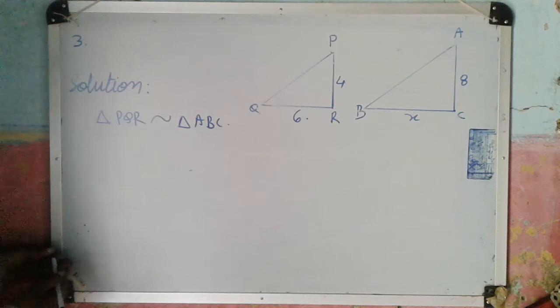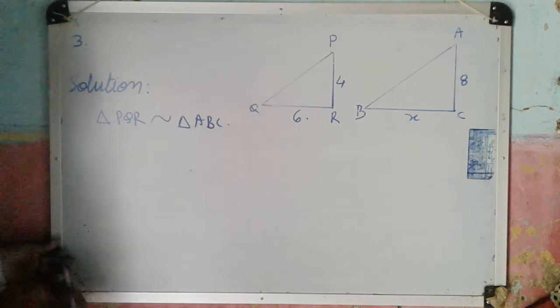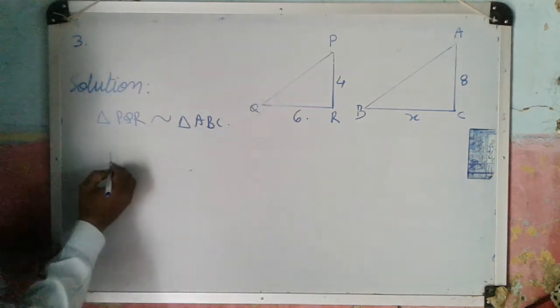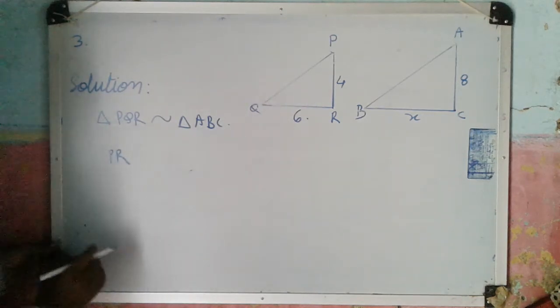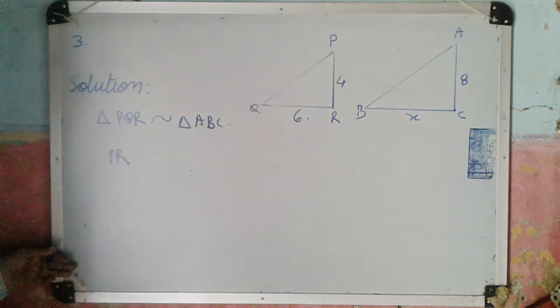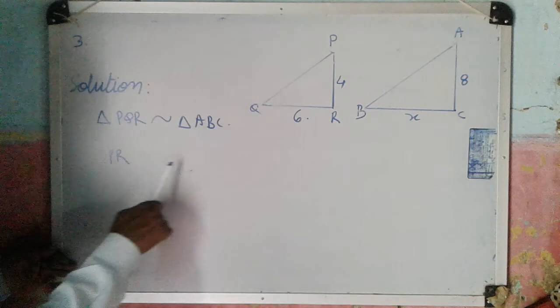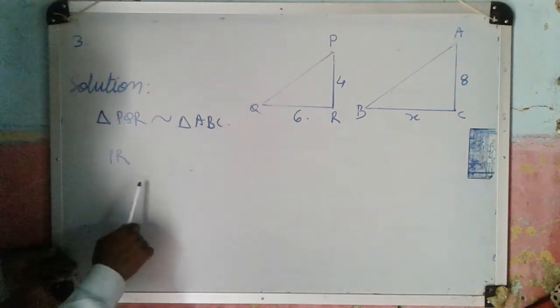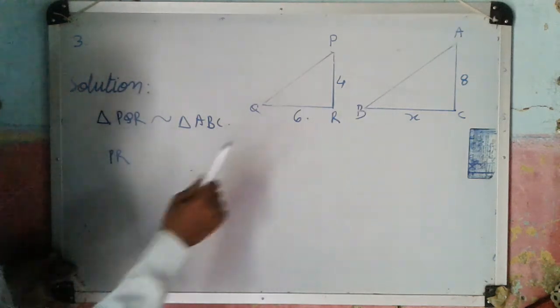Side PR of triangle PQR corresponds to side AC in triangle ABC.